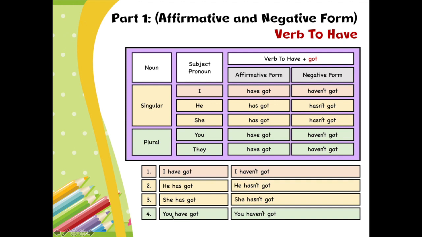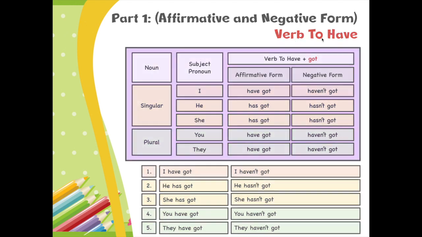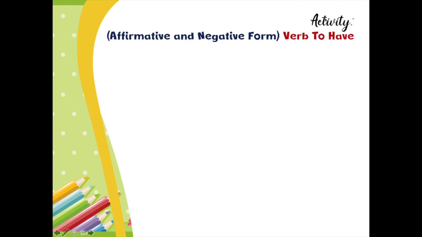Number 4, you have got and you haven't got. And number 5 is they have got and they haven't got. So I hope it is clear to you about my explanation about the affirmative and negative form of the verb to have. So let's do this activity to recall what we have learned about part 1 just now.